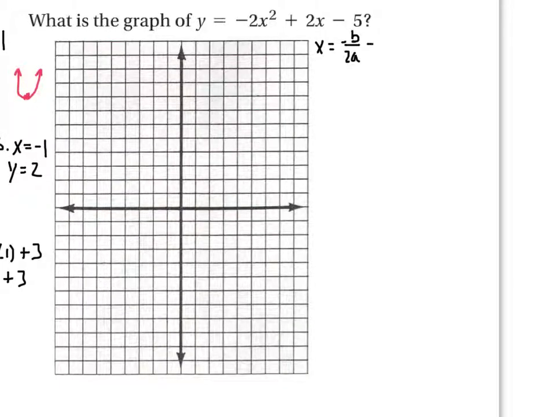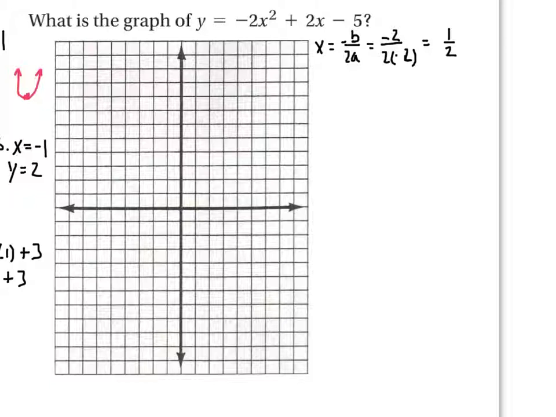What's our b value? 2. So we have -2 over 2 times, what's our a value? -2. So we have -2 over -4. That gives us a value of 1/2.